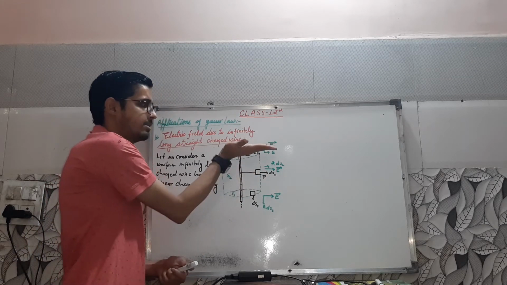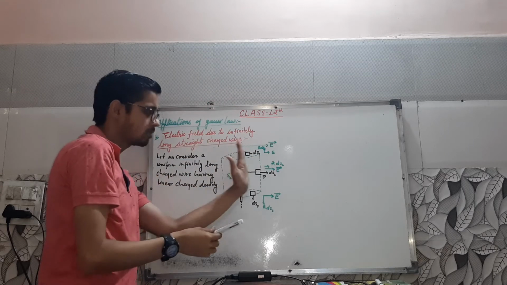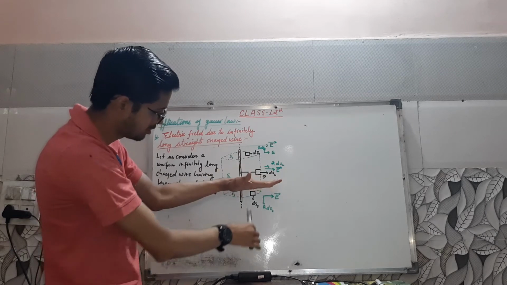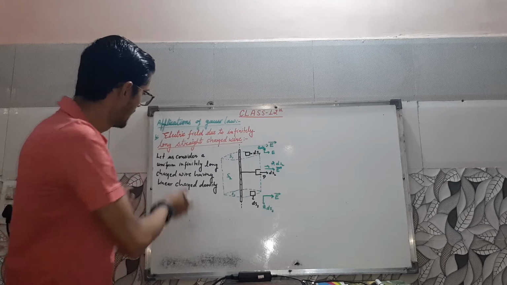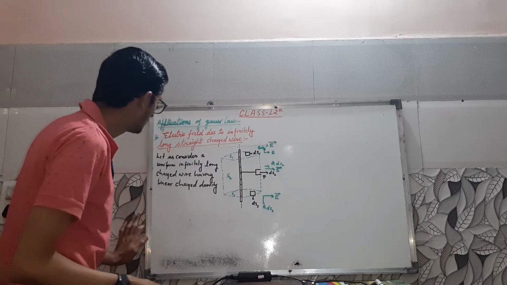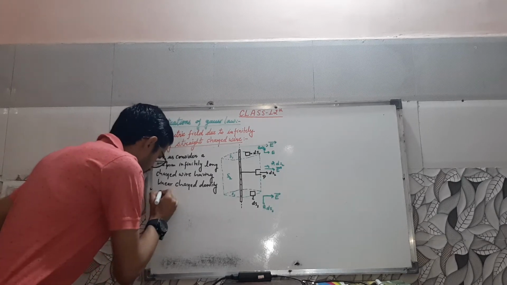This surface looks like this, so the area vector is in this direction. This surface looks like this, so the area vector is in this direction, and this one has the area vector in the downward direction. So let us consider a uniform infinitely long charged wire having linear charge density lambda.